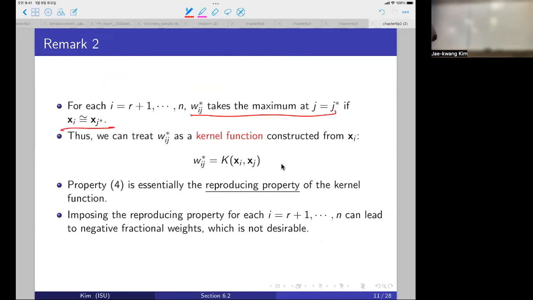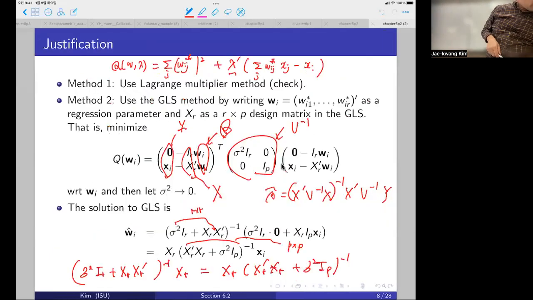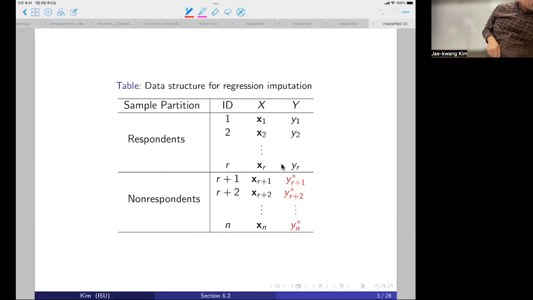So for each one, we are trying to impute. See, so the implication is this. We try to impute these numbers from this one. And then I use this hat matrix or fractional weight to assign the probability, essentially. Essentially the probability, but unfortunately, it's not really a probability because some of them are negative.